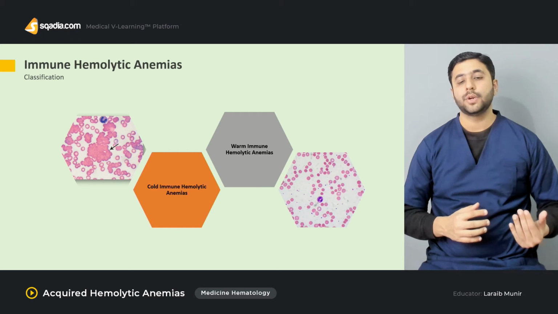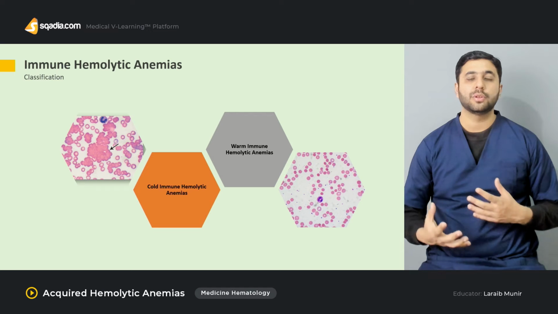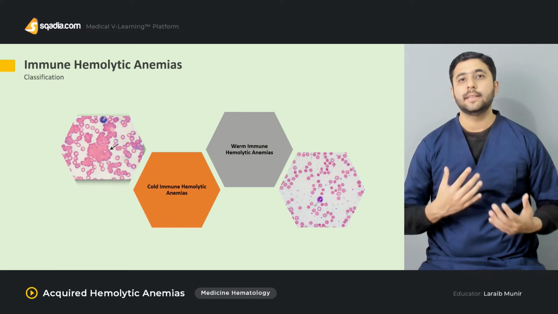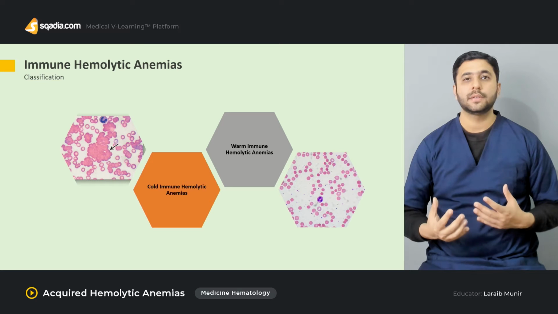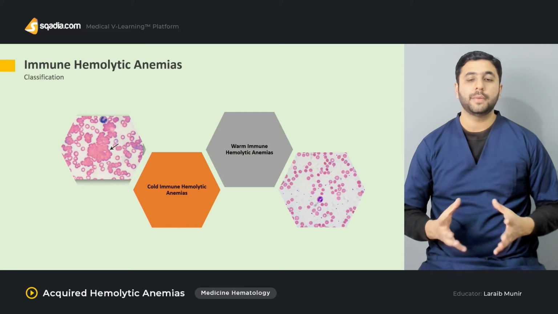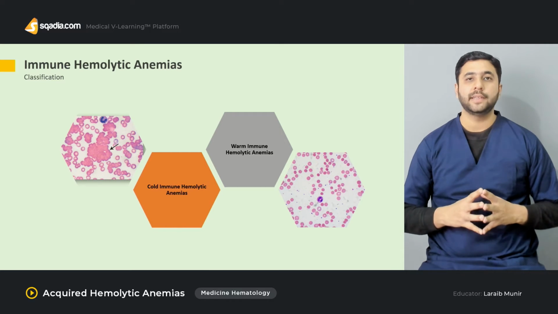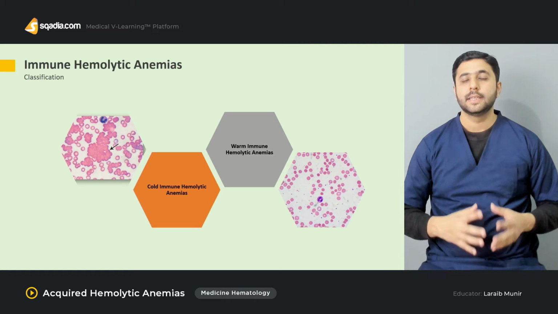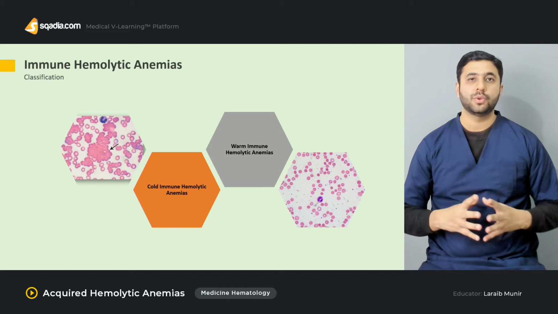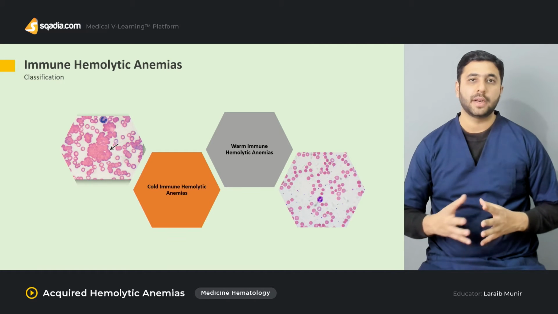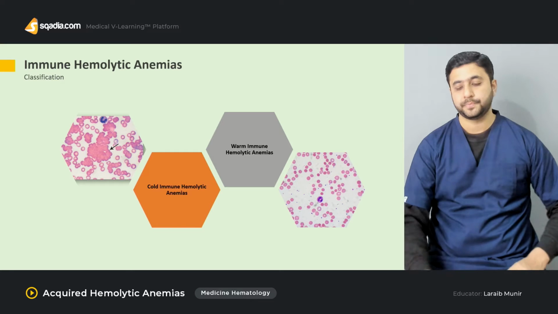So in the cold immune hemolytic anemias, we will have both pictures, the intravascular hemolysis because of the complement activation and the extravascular hemolysis because of the spleen involvement. While in the warm immune hemolytic anemias, because the IgG cannot induce complement, the major route of hemolysis is the extravascular hemolysis in the spleen primarily.